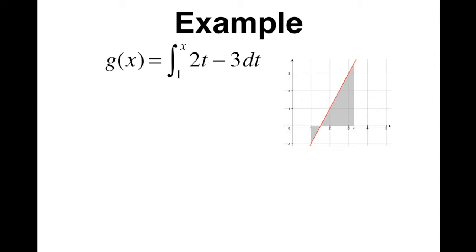So here g of x is the integral from 1 to x of 2t minus 3 dt. That's obviously the equation of a line, y equals 2t minus 3, which I represented here. So what does this function g represent? It actually gives us the area, or better, the signed area, between 1 and x.